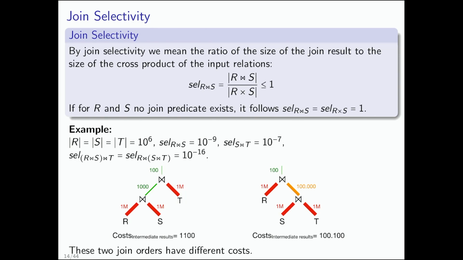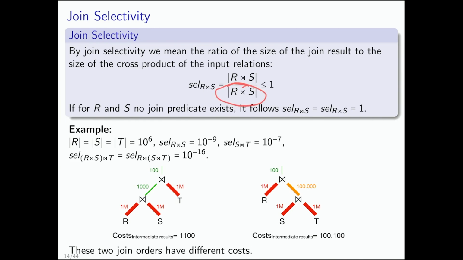So how many join tuples are produced by the join compared to the total number of possible join results. How many join results are possible? Well, that's the same as the number of tuples in the cross product. If you have a join predicate that is defined as return true, no matter what, then the result is equal to the cross product. So that's the maximum number of results.